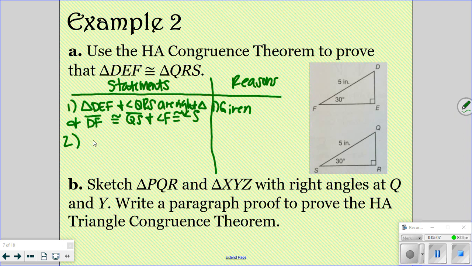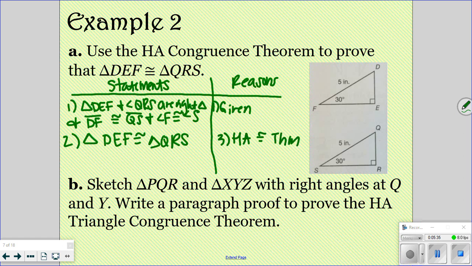So then you could break that into three separate statements and reasons, but all three of them would be the given. So it's fine to put them all here. So then from that, triangle DEF is congruent to triangle QRS, and the reasoning would be the hypotenuse angle congruence theorem.